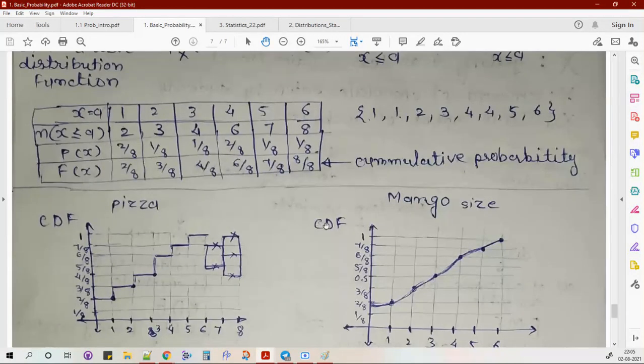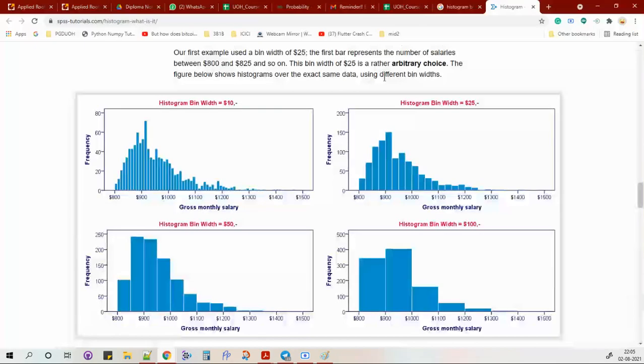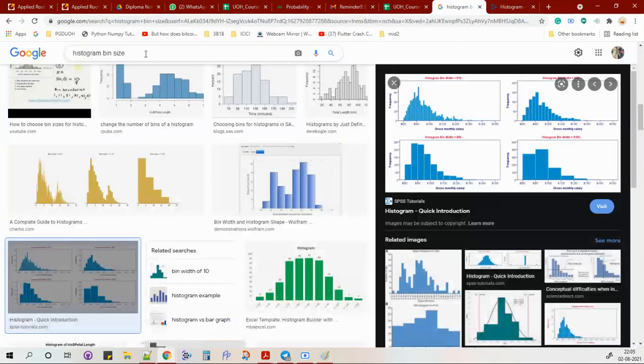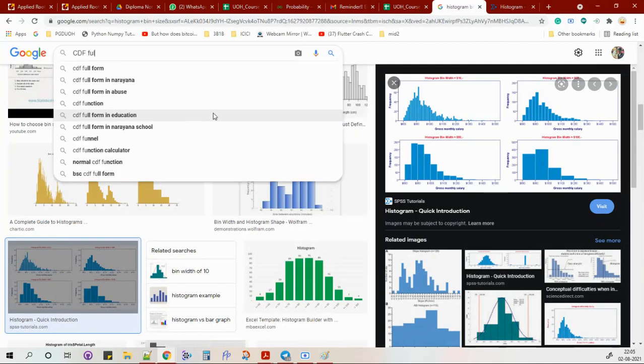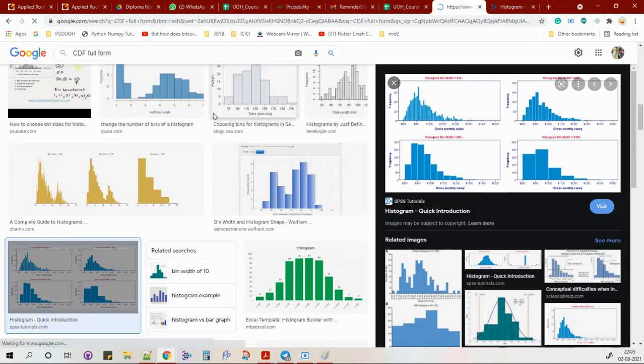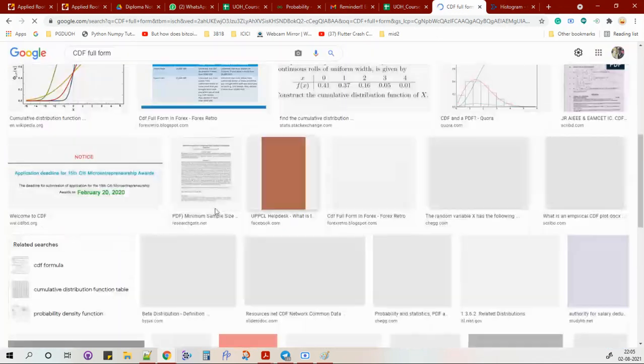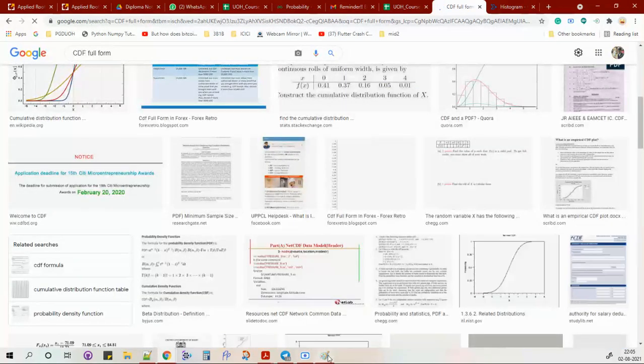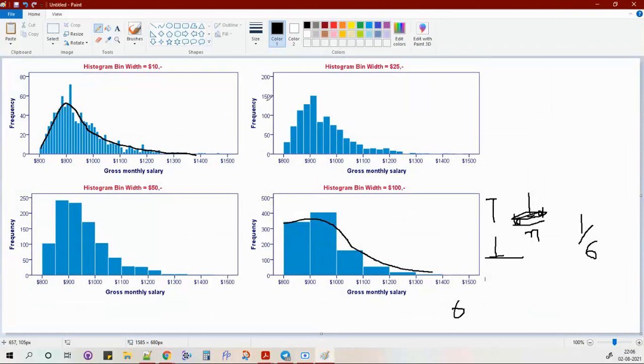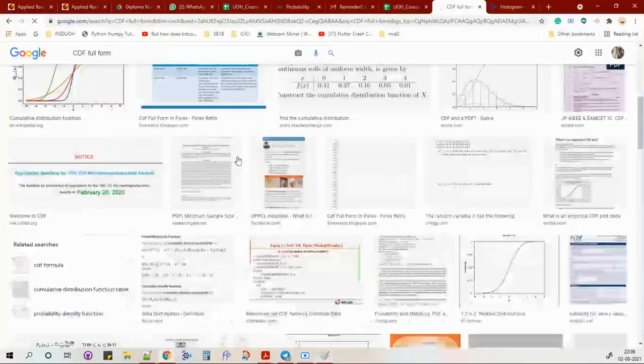It is called CDF, cumulative distribution function or density function? Distribution, I guess. Cumulative distribution function. Okay. So how to get CDF out of PDF, let's take one example. Then I will give you the intuition behind the PDF to CDF.